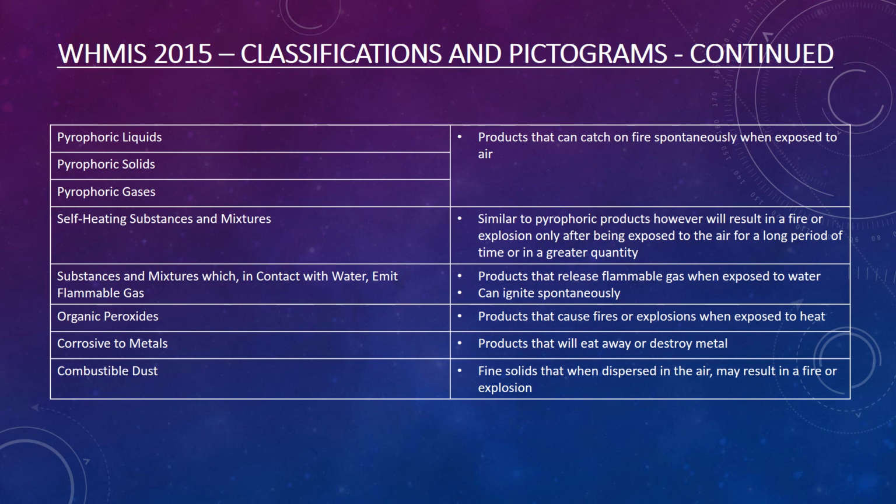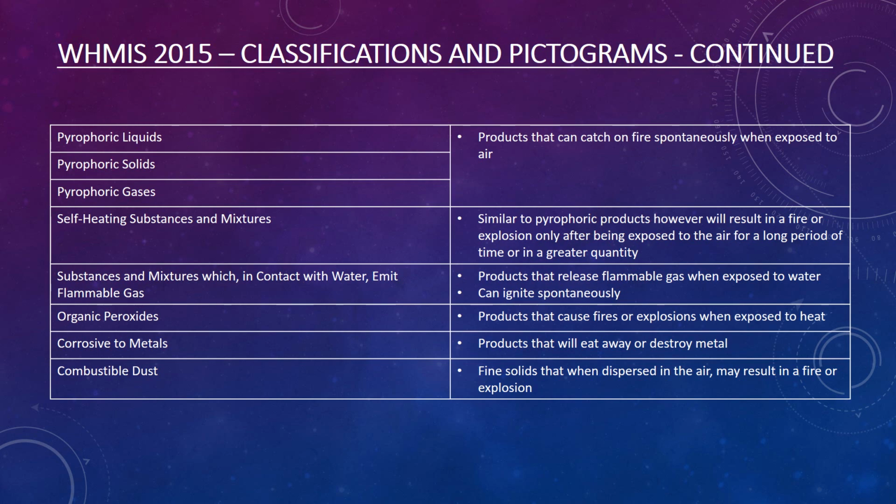Self-heating substances and mixtures. Description: similar to pyrophoric products, however, will result in a fire or explosion only after being exposed to the air for a long period of time or in a greater quantity. Substances and mixtures which, in contact with water, emit flammable gas.